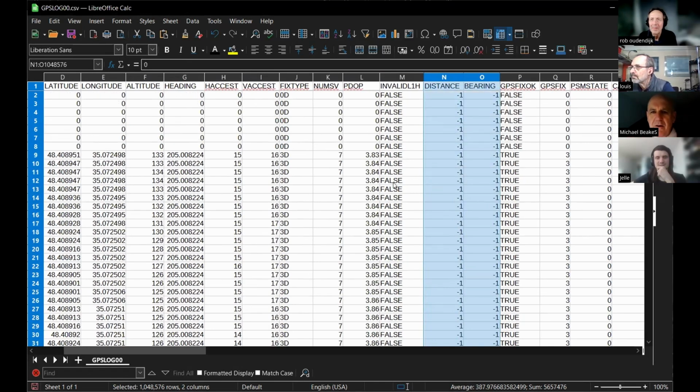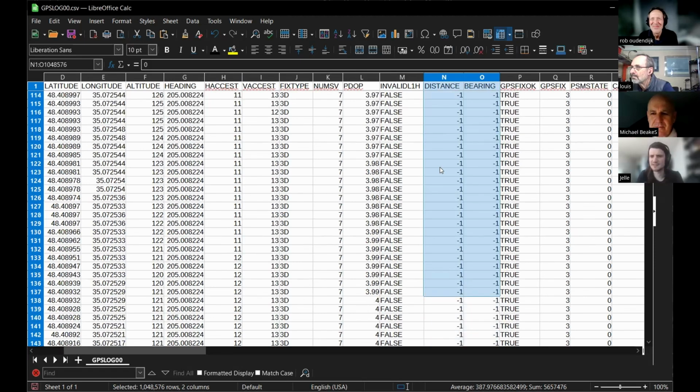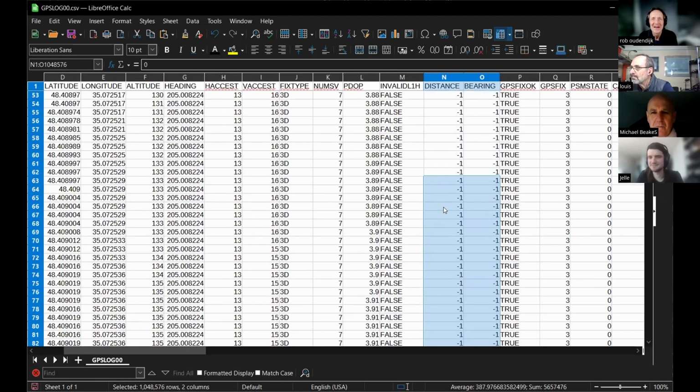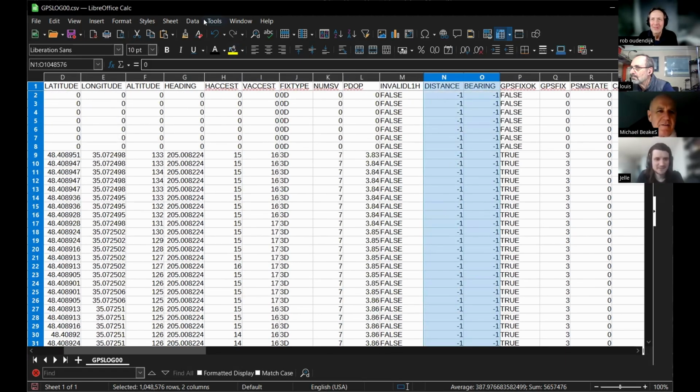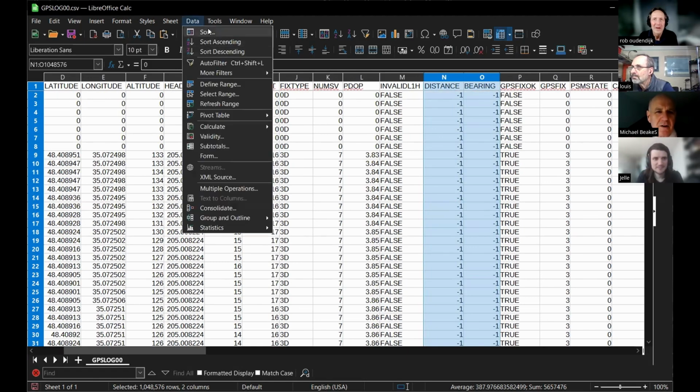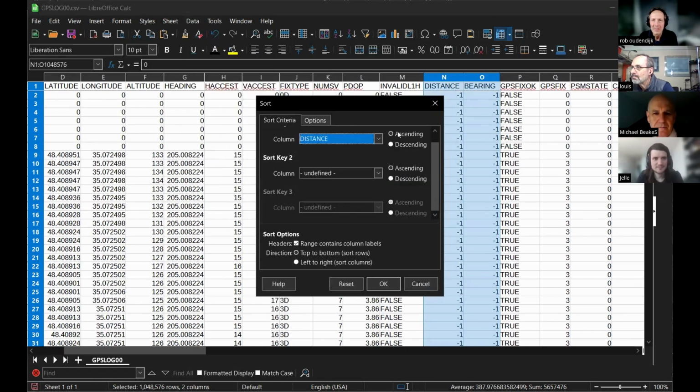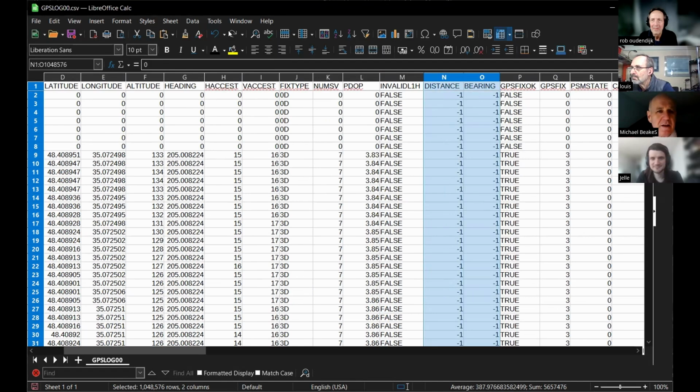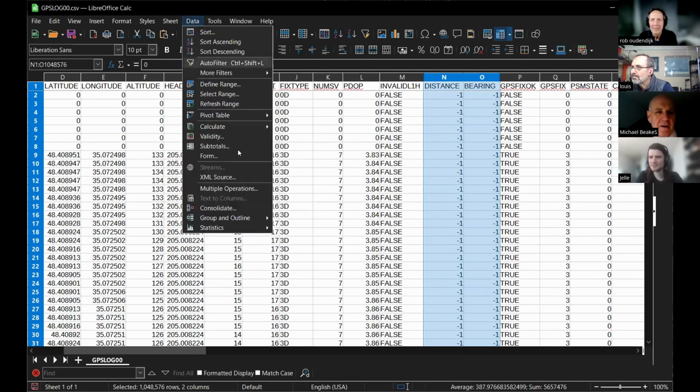Did I do bearing or no, I did distance. Oh, you did it the wrong way, descending or ascending. It should have been descending. Oh, wait a second. Data, sort, descending. That's what I did. First you want to go from high to low, right?